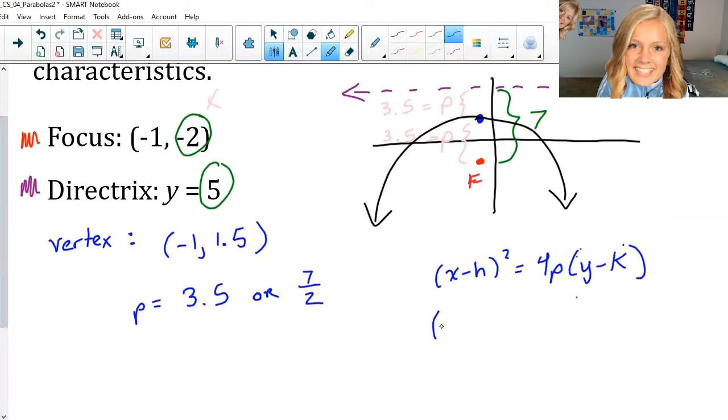And I can just plug in the values that I know now. X plus 1 squared equals 4 times 7/2 times y minus 1.5. Well, I hate decimals, so I'll go ahead and do the fractions.